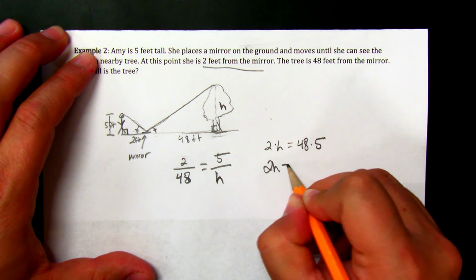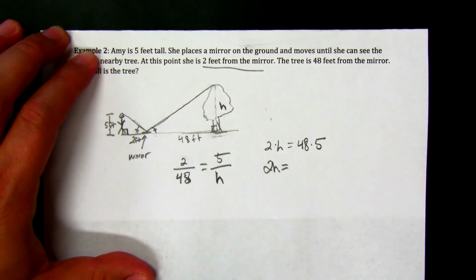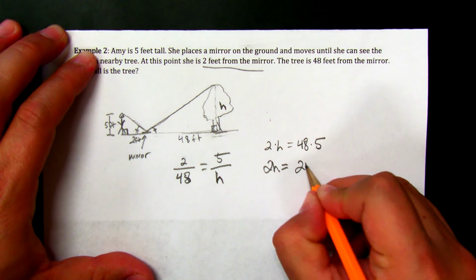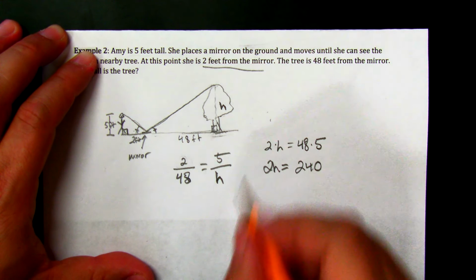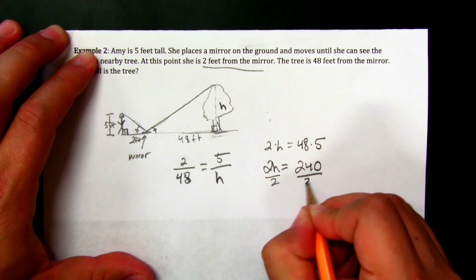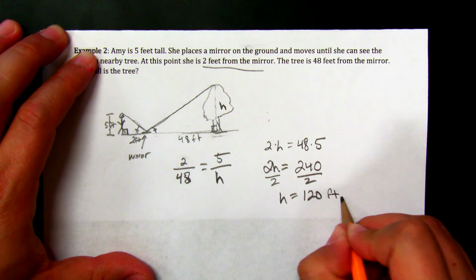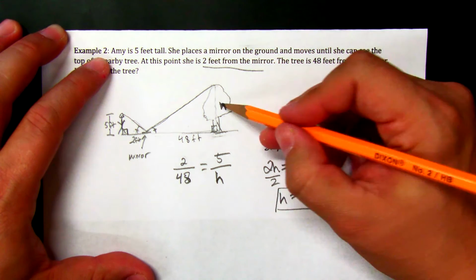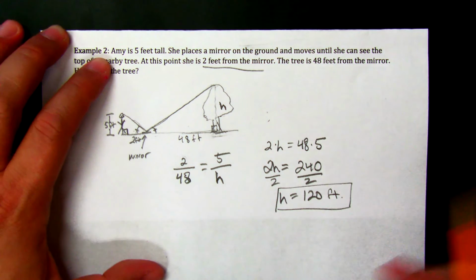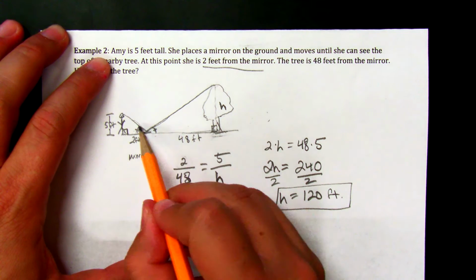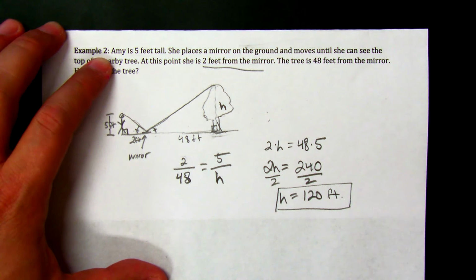So 2h equals 48 times 5 is 240. And then I divide both sides by 2. H equals 120 feet. So I know that this tree is 120 feet tall, just based on this little trick with the mirrors. How cool is that?